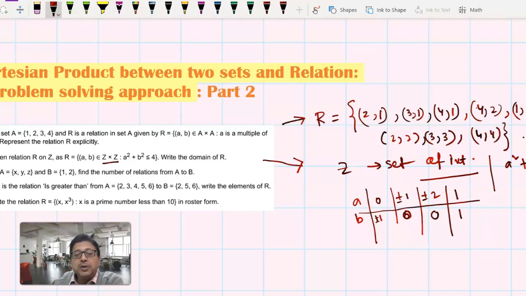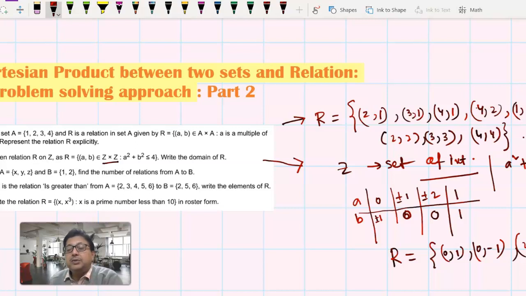So those ordered pairs only we will be writing. This relation is going to be (0, 1), (0, minus 1), (2, 0), (minus 2, 0), and next one will be (1, 1). So these are the elements of R.